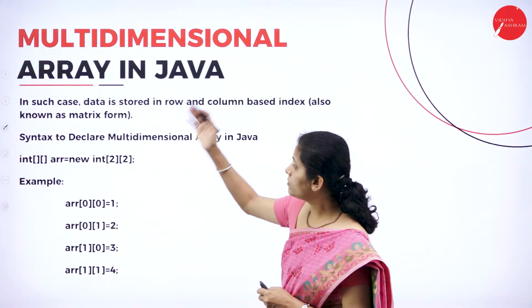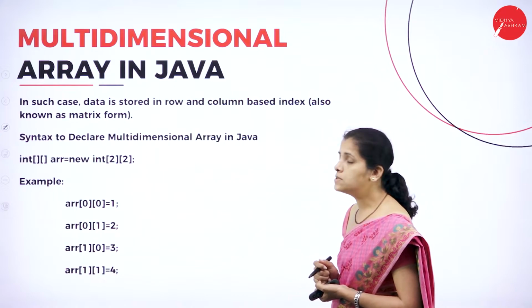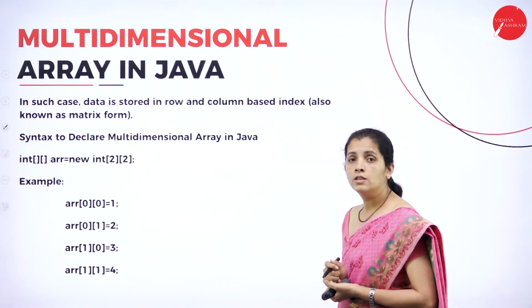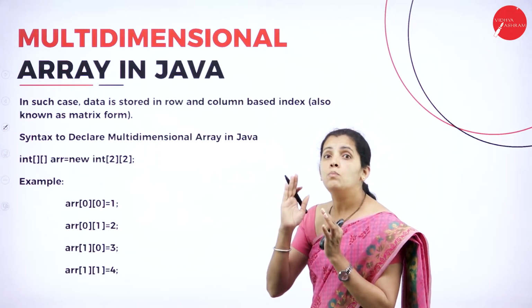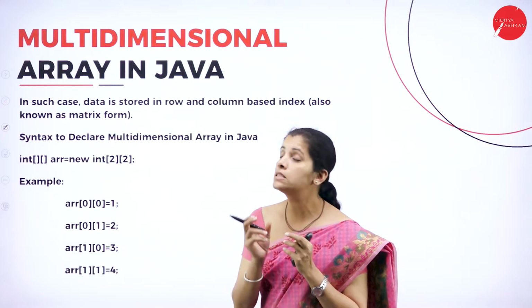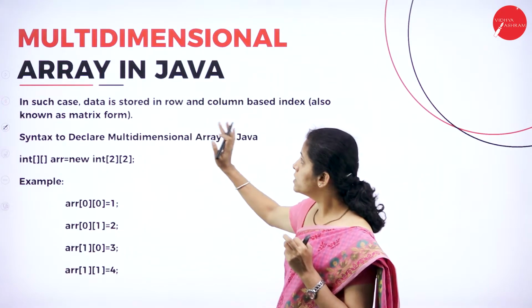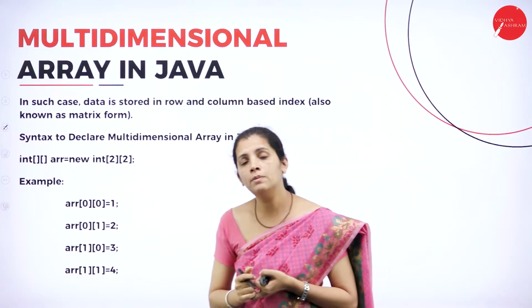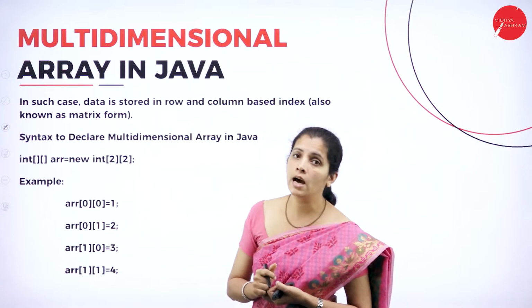Now, I'm going to cover the multi-dimensional array. So what is a multi-dimensional array? Any array with more than one index or indices is termed as a multi-dimensional array. An example of a multi-dimensional array is the 2-dimensional array.